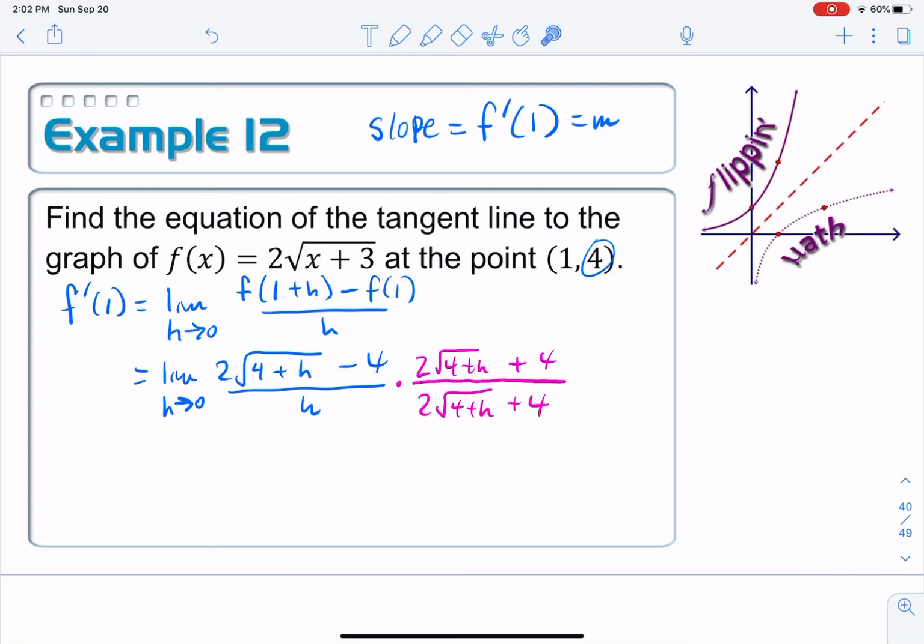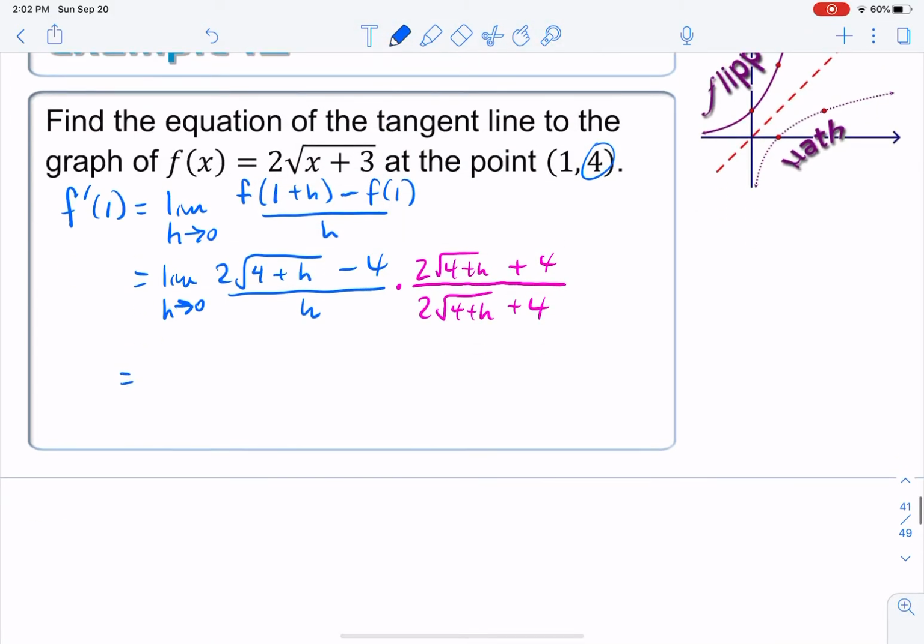It's like the difference of 2 squares, so don't even worry about it. Limit as h goes to 0 of the 2 times the 2, 4, square root times the square root is 4 plus h, minus the 4 times the 4, 16, over, and then keep the bottom factored, 2 square root 4 plus h plus 4.